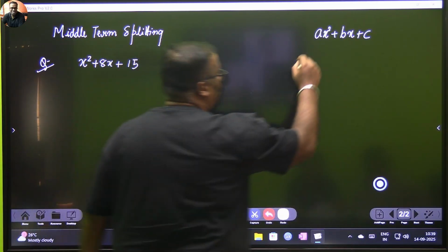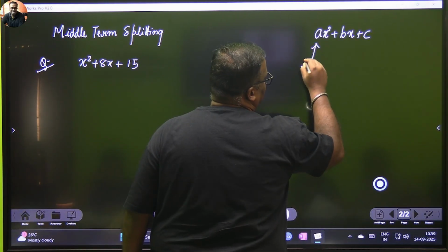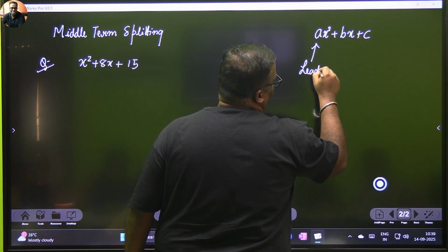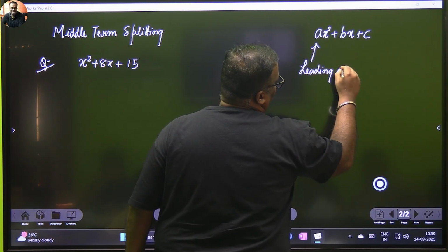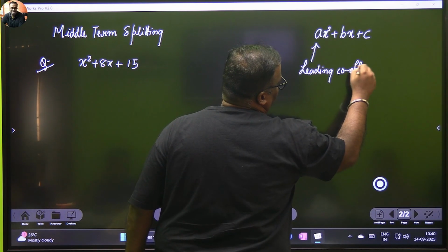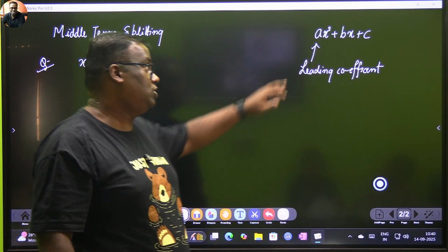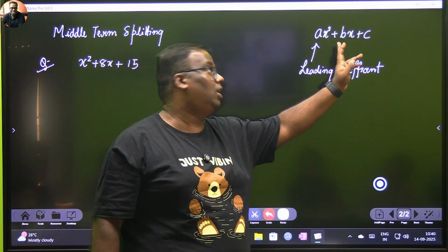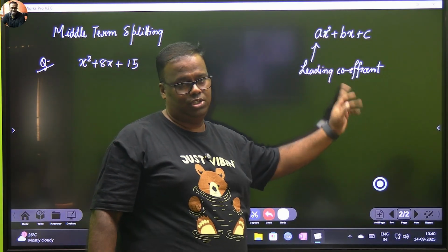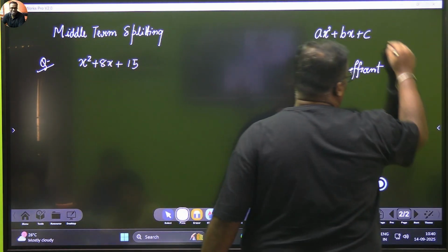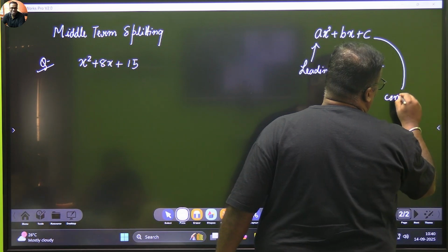Here, our a is always known as the leading coefficient, because it is the coefficient which is ahead of the highest degree term. Pay utmost attention, otherwise you will not understand. So it's called the leading coefficient, and c is known as the constant.